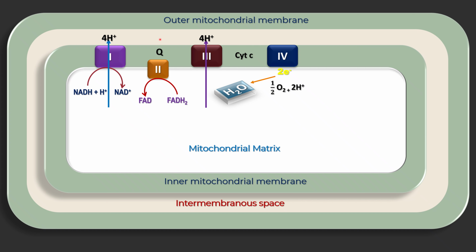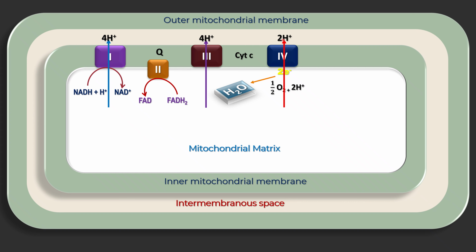Only through complex 1, complex 3 and also complex 4, where 2 protons are pushed to the intermembranous space. Please remember, when electrons are transported from one complex to another complex, protons are pushed across complex 1, complex 3 and complex 4.